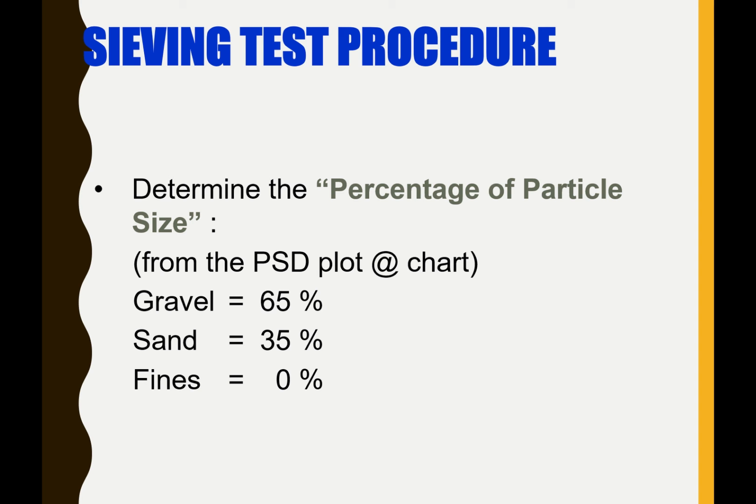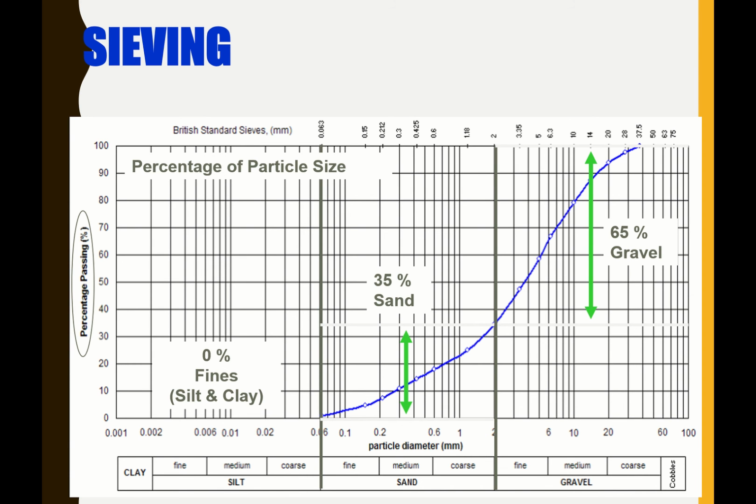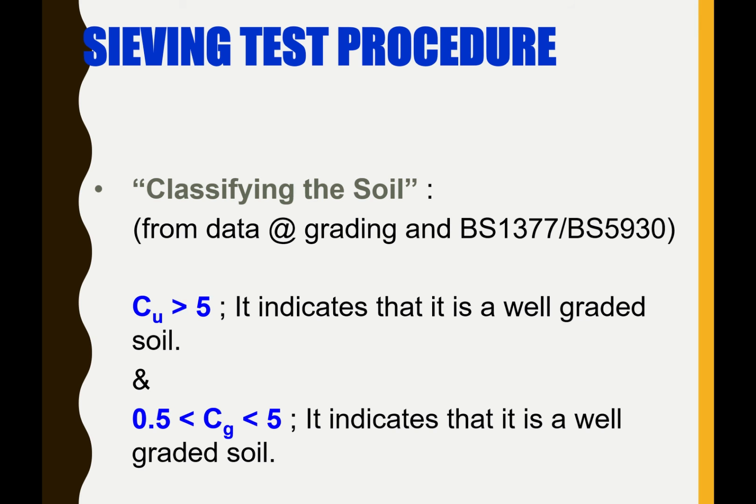For the percentage of particles, we already did this before. We have the composition of gravel at 65%, sand at 35%, and fines at 0%. So use all of this information. Now, how to classify the soil?